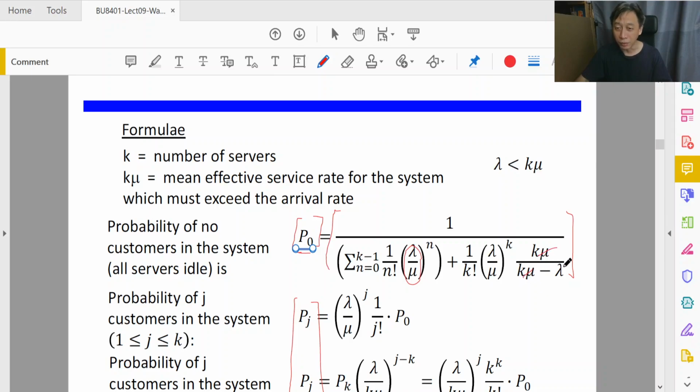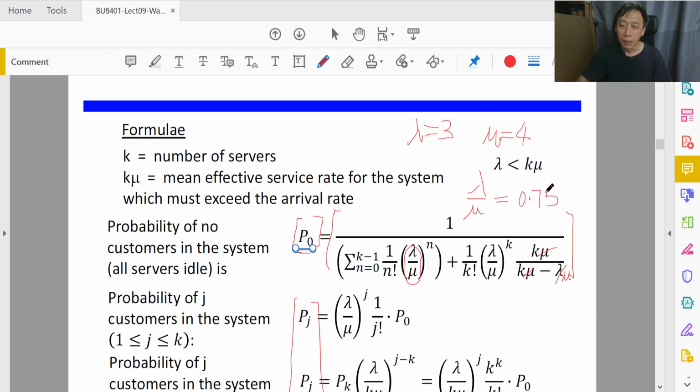Even here, we can divide through by mu to arrive at k over k minus implied utilization. Using our earlier example, lambda was 3 and mu was 4, so our implied utilization lambda over mu will be 0.75.